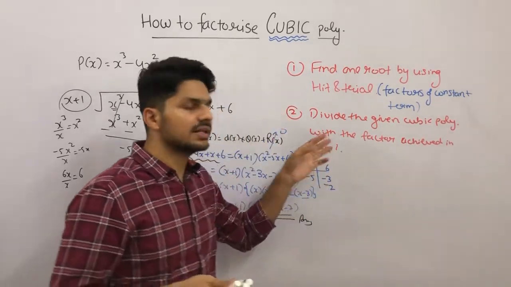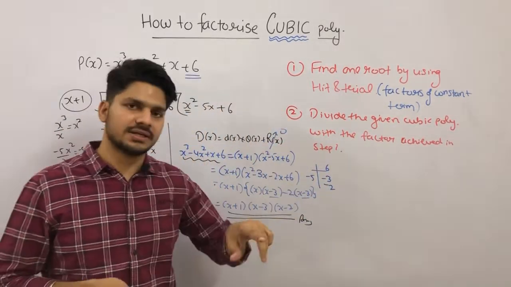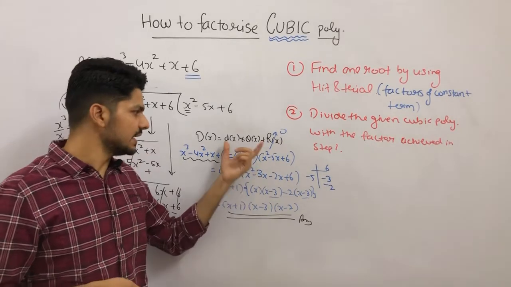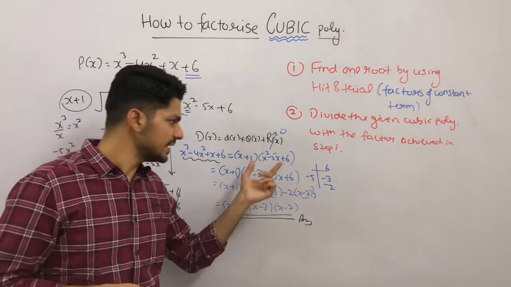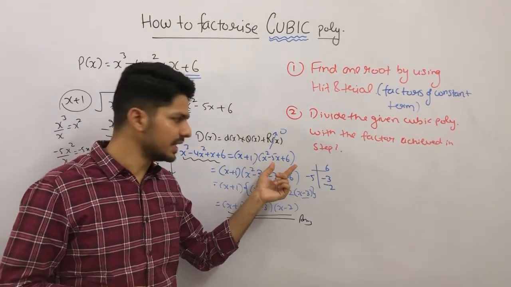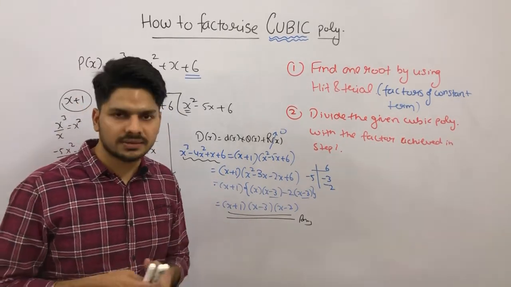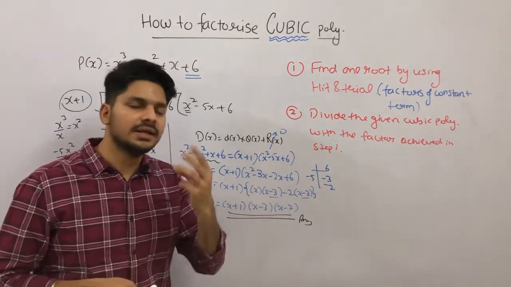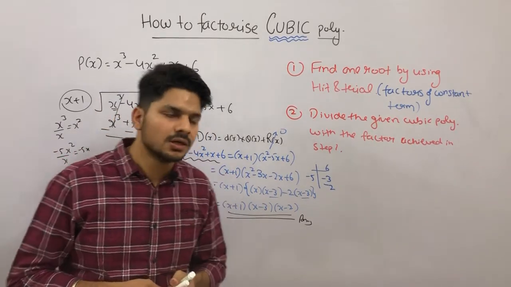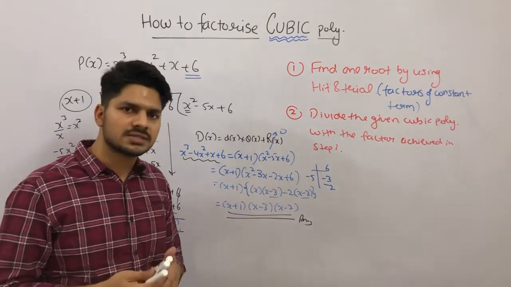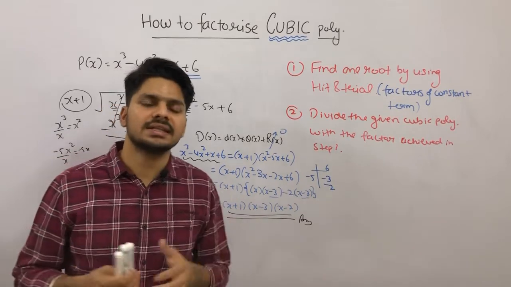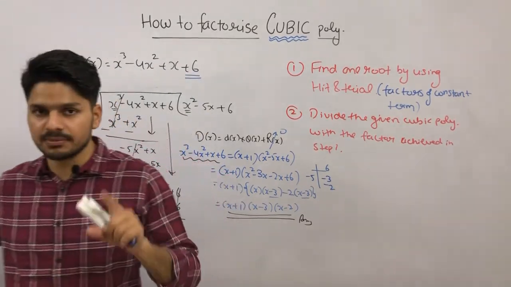Next step, divide the given cubic polynomial by that factor. Then you can factorize the quadratic polynomial using splitting the middle term. So now you will get 3 different factors. You can get 2 also, but at max you will get 3 different factors.